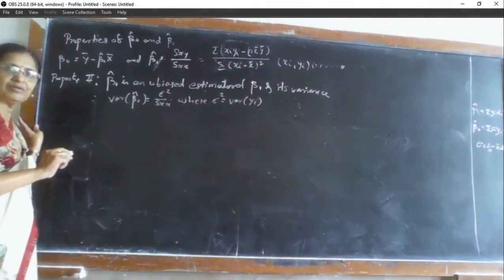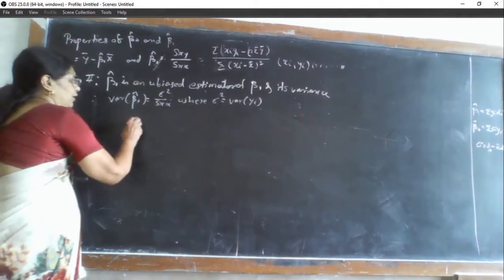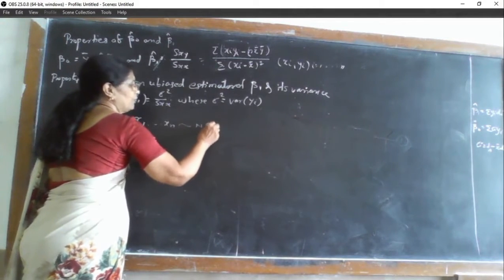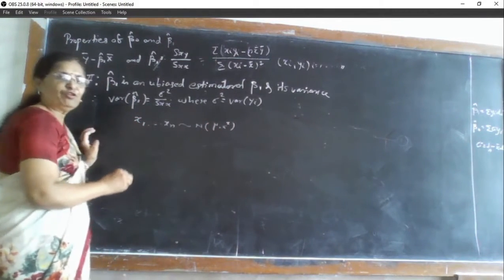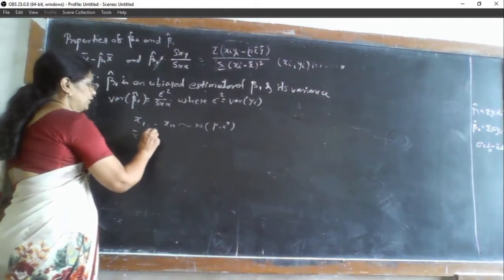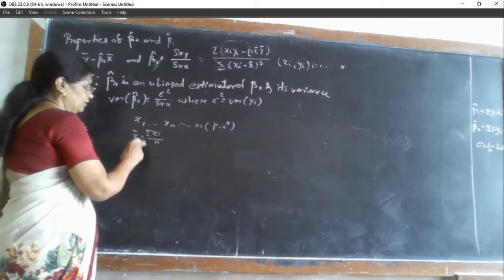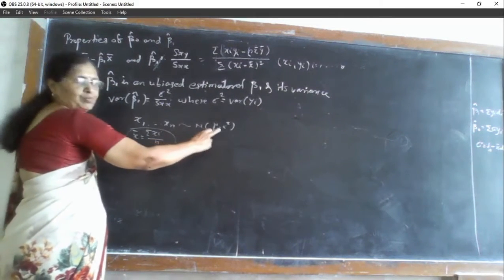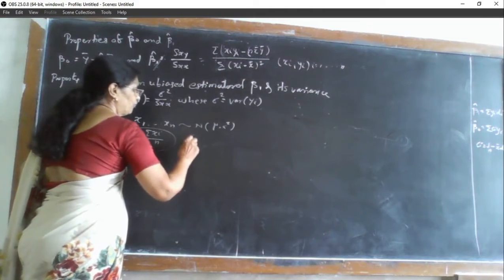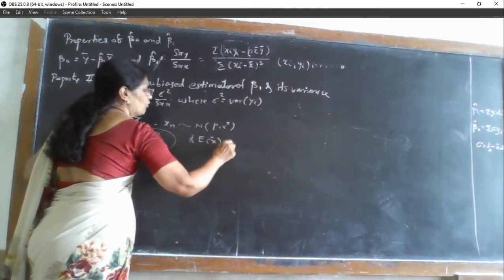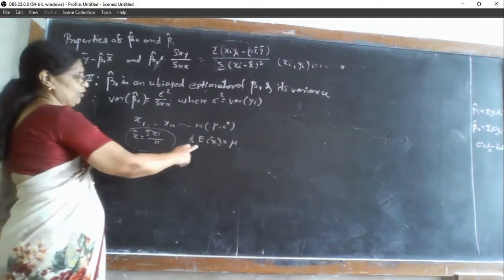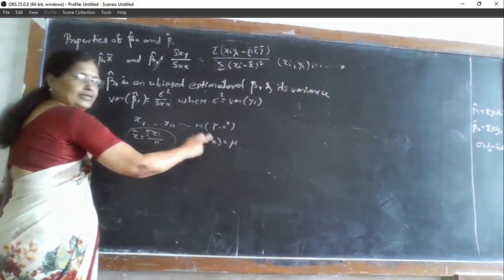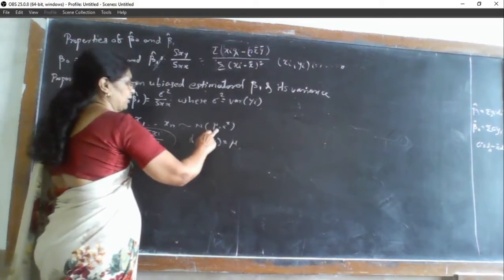If x1, x2, ..., xn is a random sample from, say, normal mu, sigma square, and if you compute the sample quantity x bar equal to summation of xi upon n, then this x bar is said to be an unbiased estimate of population mean mu if expected value of x bar is equal to mu. If expected value of x bar comes out to be mu, then you will say that sample mean x bar is an unbiased estimate of population parameter mu.